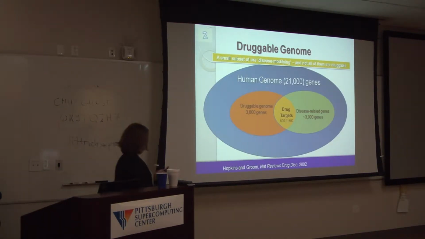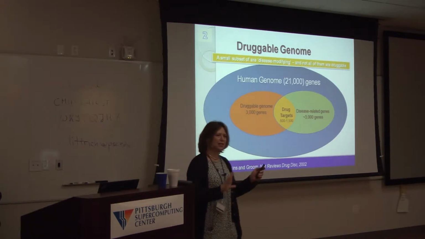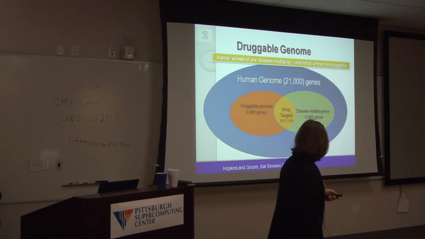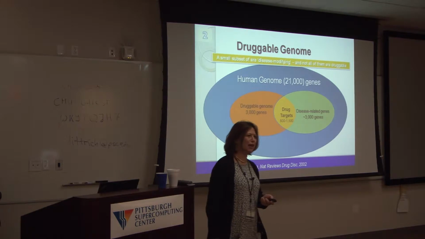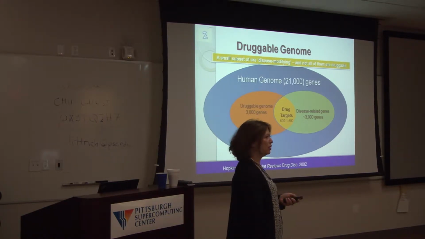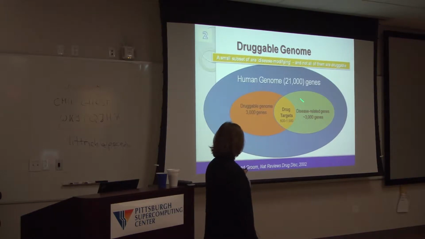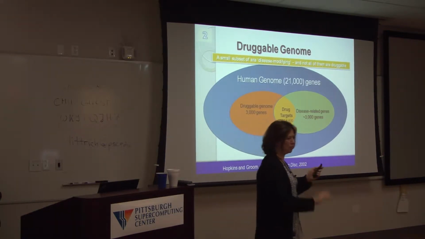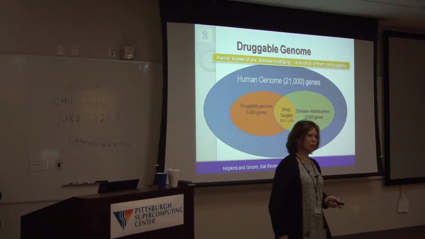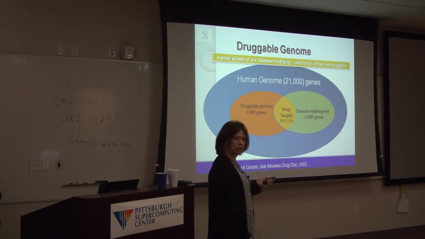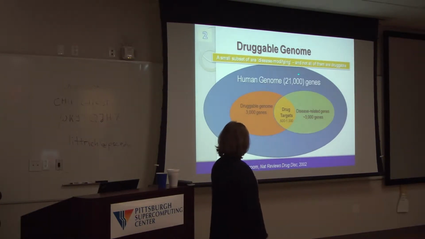So this is a general overview of the state of postgenomic findings in the area of druggability of target proteins. Overall, after much debate, we converge to this number of about 21,000 genes in the human genome.